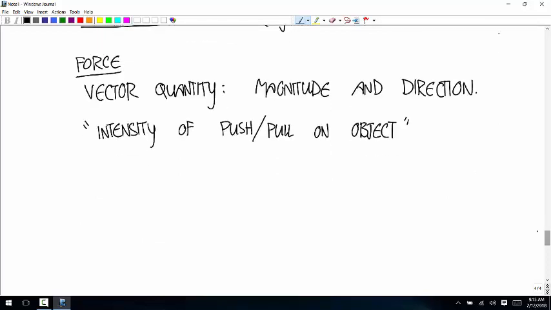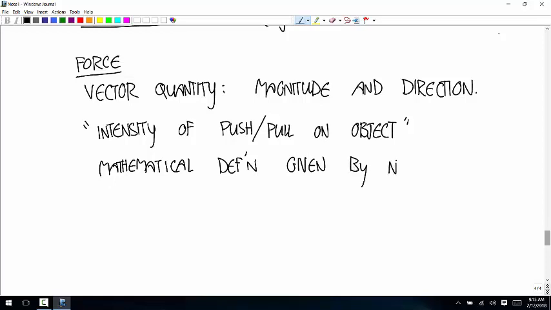Mathematically, you can think of a force as defined by Newton's second law. I'm just going to abbreviate that N2L, because I'll write that all the time.